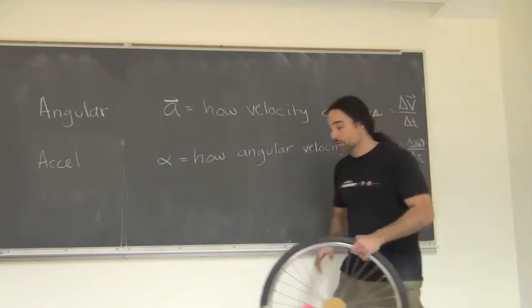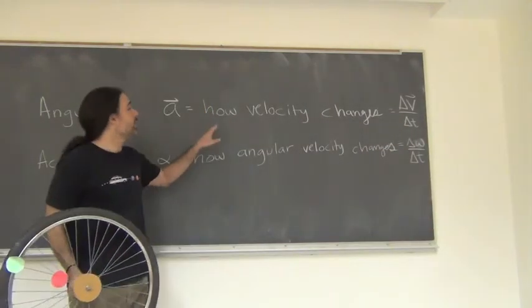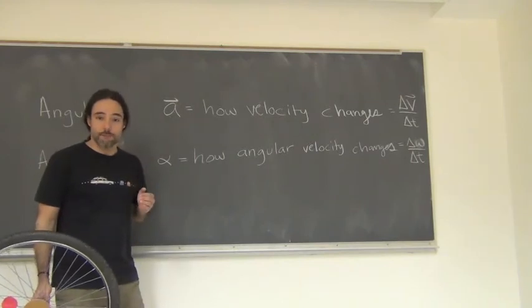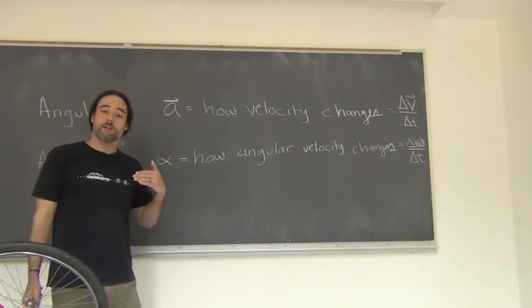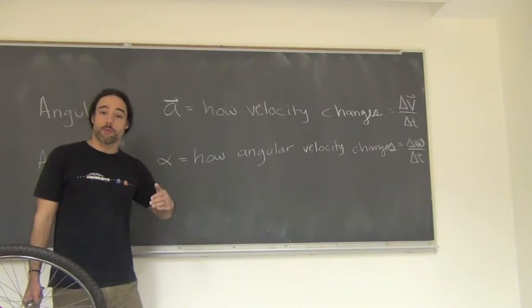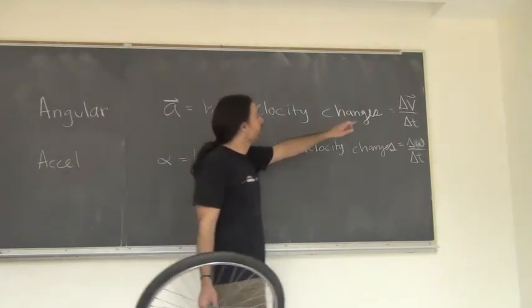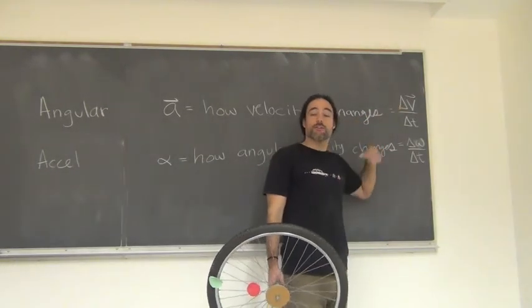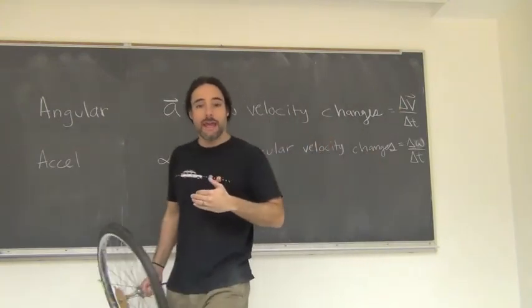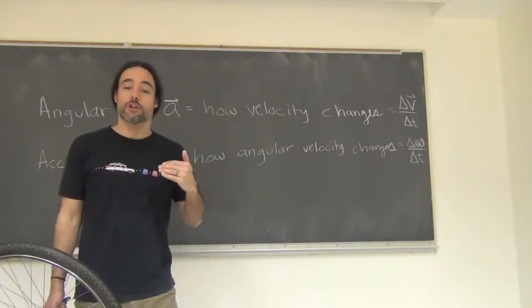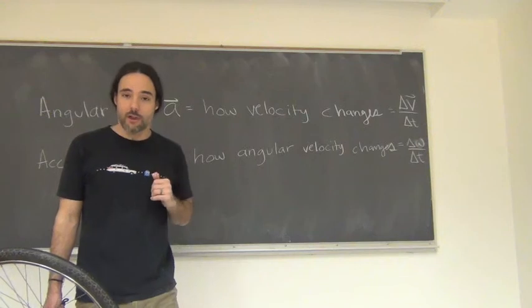Acceleration tells us how velocity changes over time. We talked about how that could mean speeding up or slowing down, or changing directions, since velocity is a vector, and the direction matters when you're talking about a vector velocity.